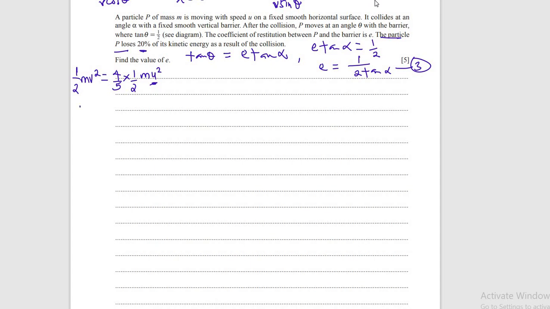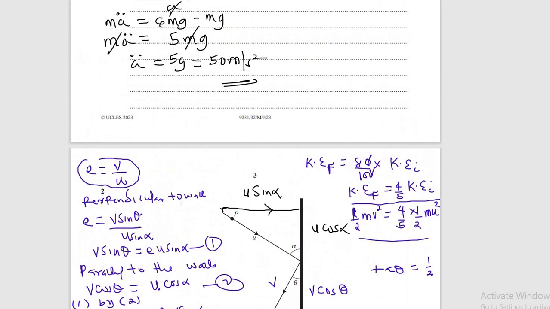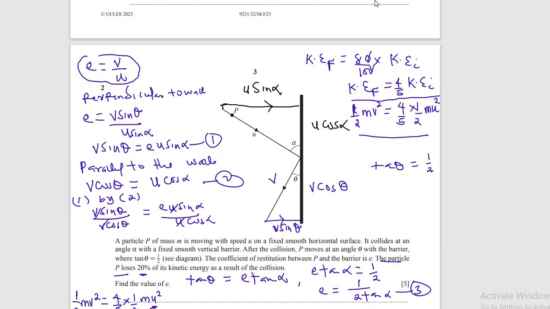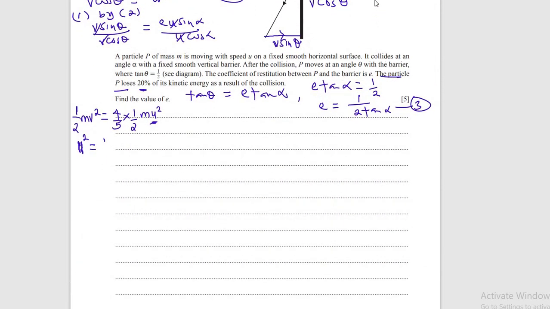The magnitude of the initial velocity is the resultant, so by Pythagoras theorem, u squared equal to u squared sine squared alpha plus u squared cos squared alpha.